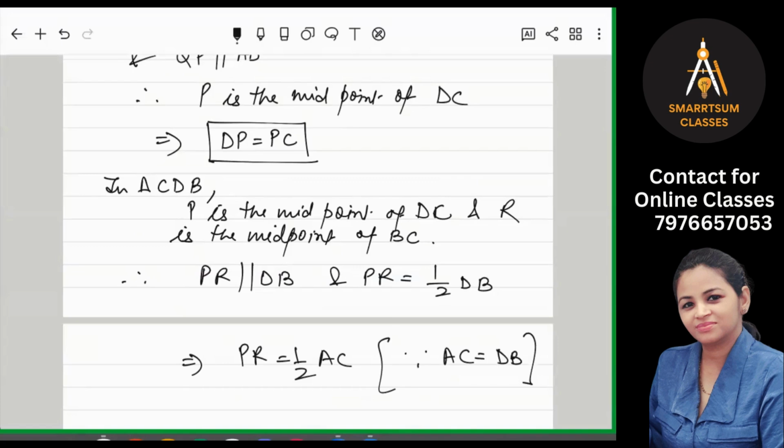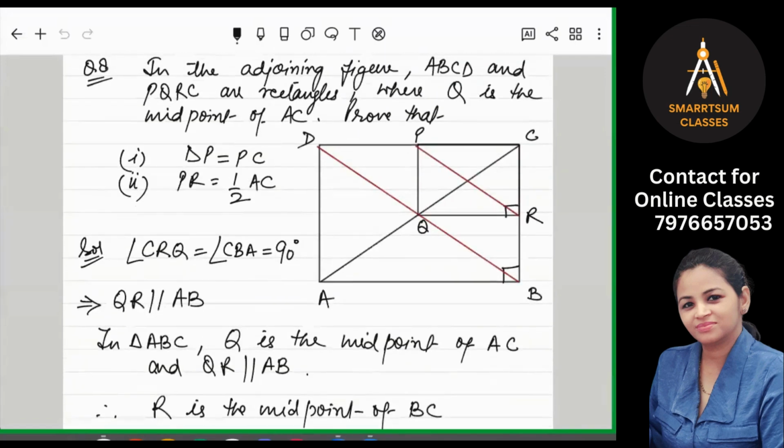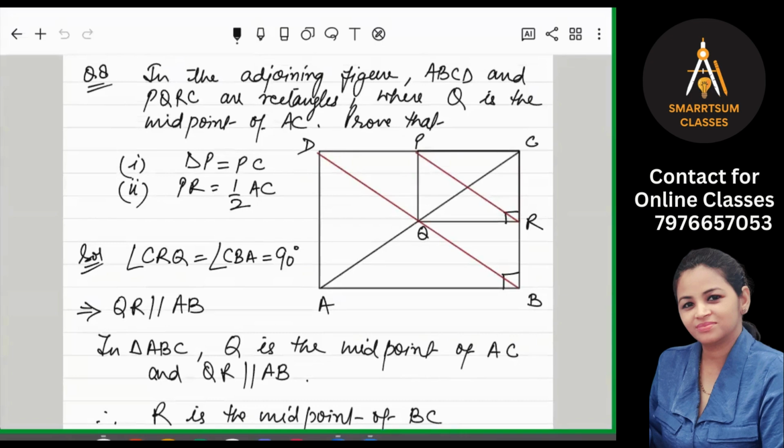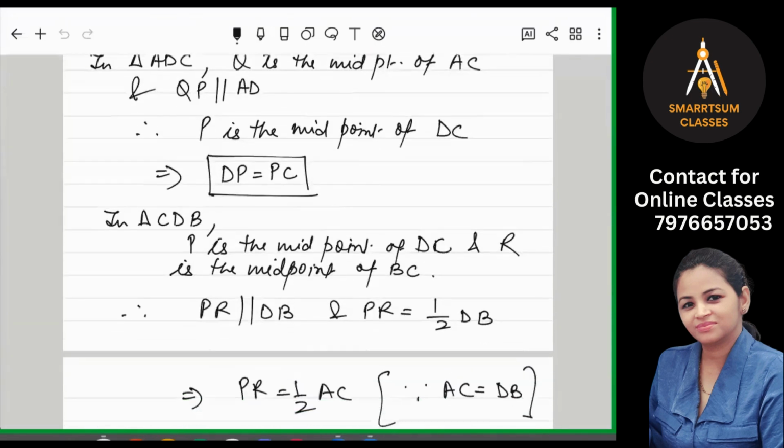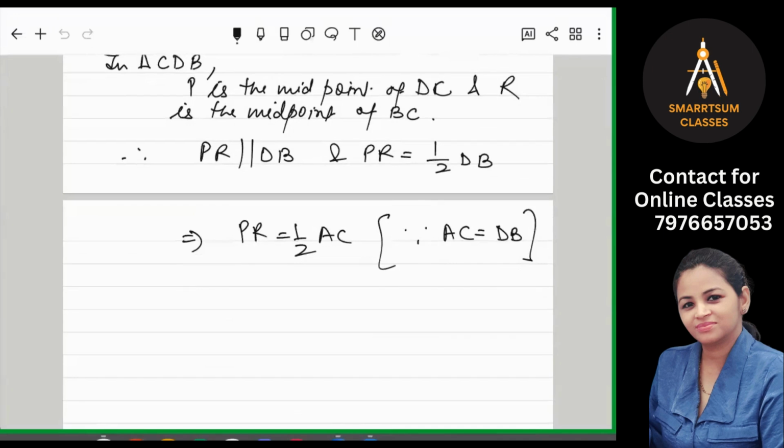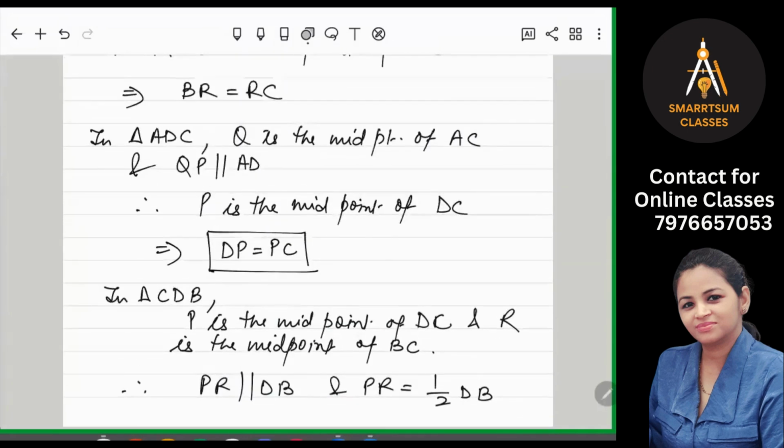So DB is the other diagonal of the rectangle, so it will be equal to the length of the other diagonal AC, right? Okay, so we can say that PR is half of AC. Is that clear? Yes, sir. So in this way, we have proved both of them, right? So now please note it down.